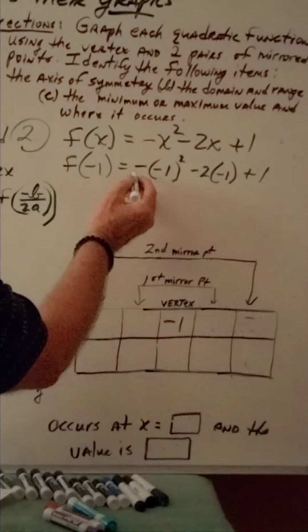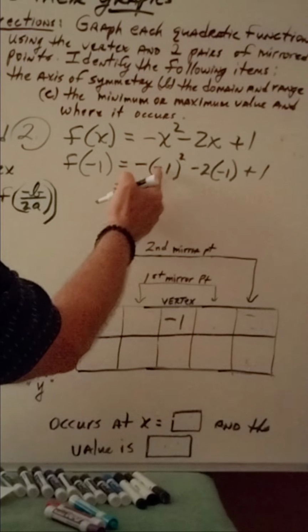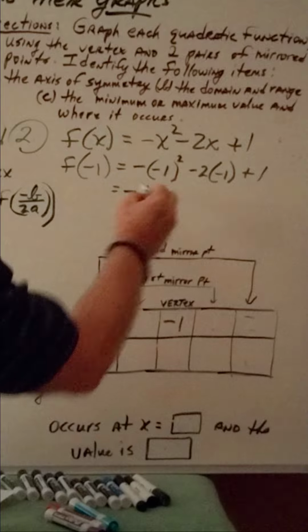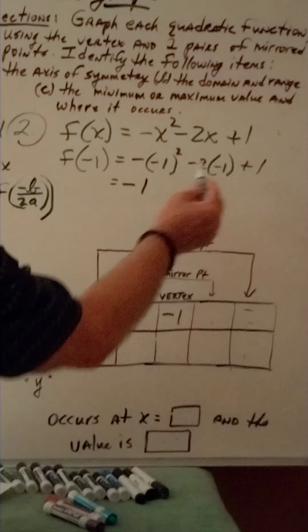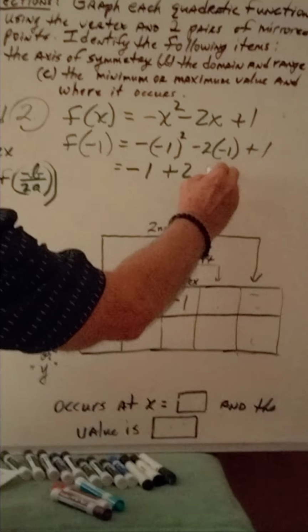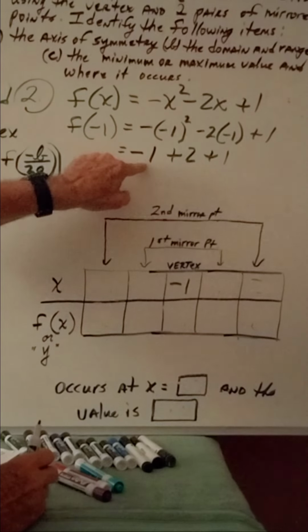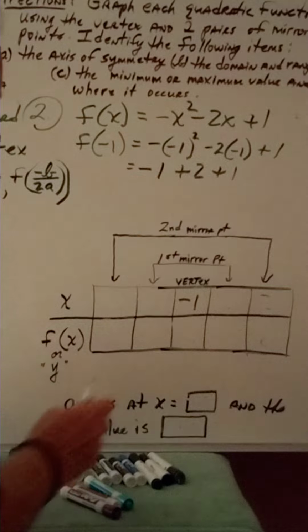Bring down that negative sign, let's square that negative 1, negative 1 squared is 1, so this outcome is going to turn out to be a negative 1. Let's get the rest of this. That would be a positive 2 and a positive 1. The 1s are opposite. They will cancel out. The y value of your vertex is 2.